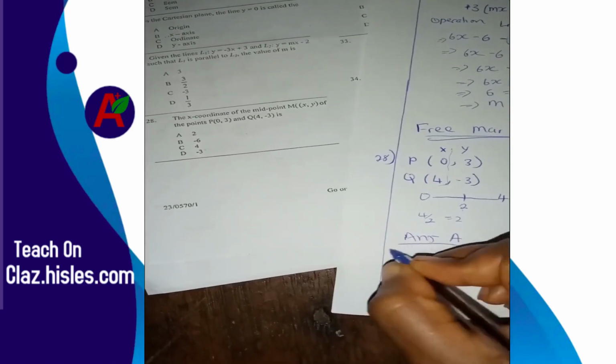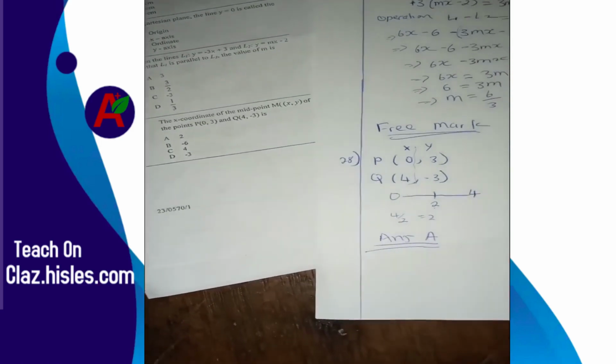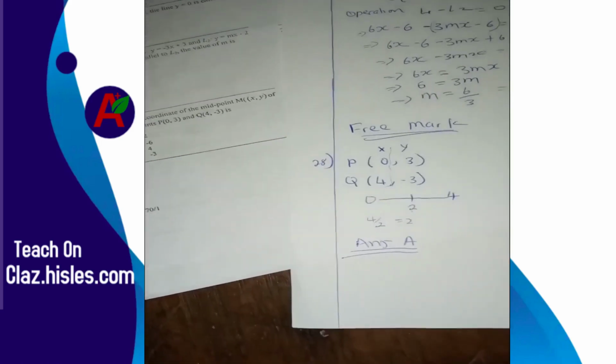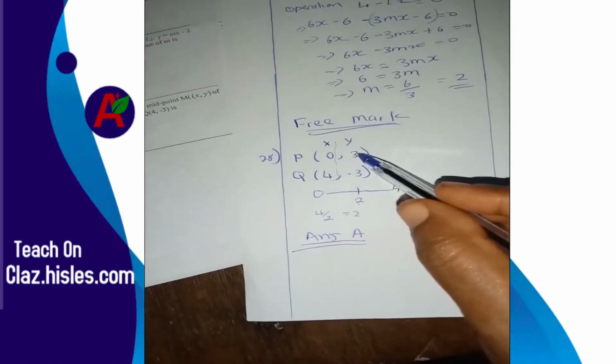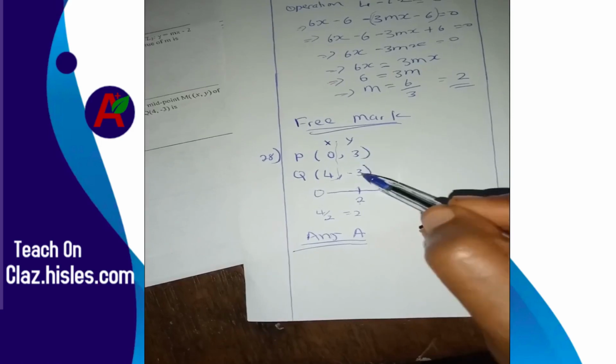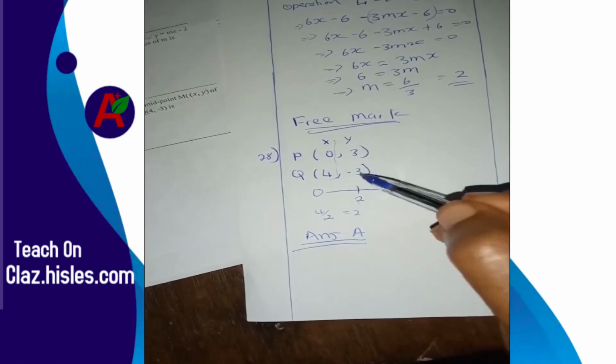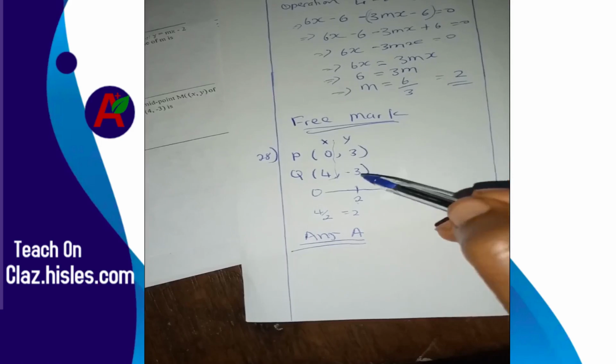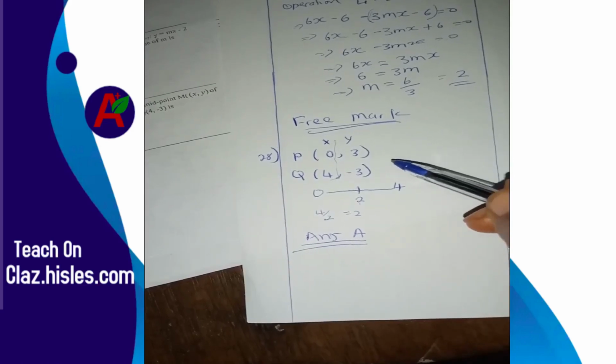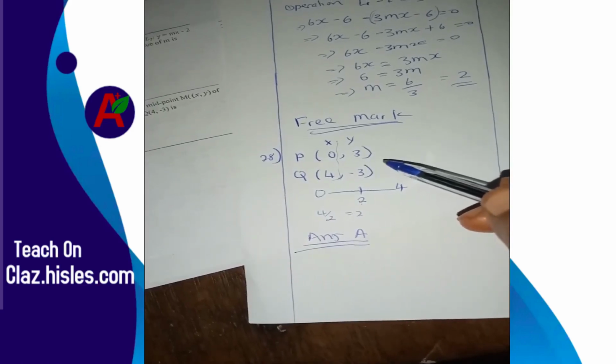If they would have asked for the midpoint of the y-coordinate, we would have done 3 minus negative 3. That's 3 plus 3.